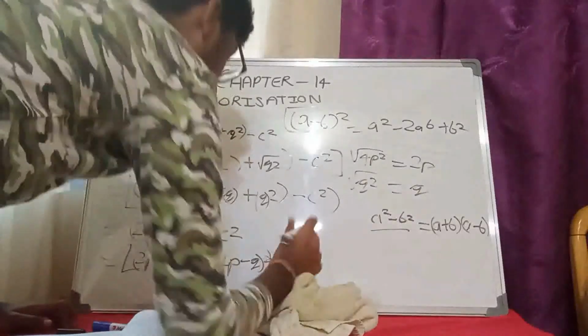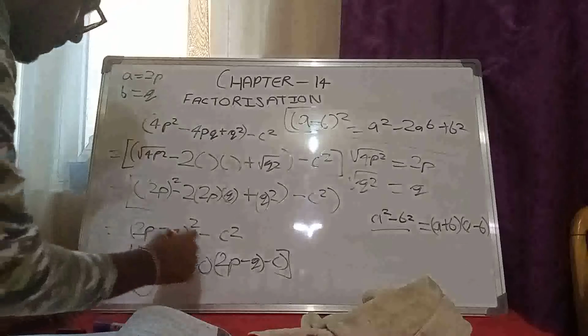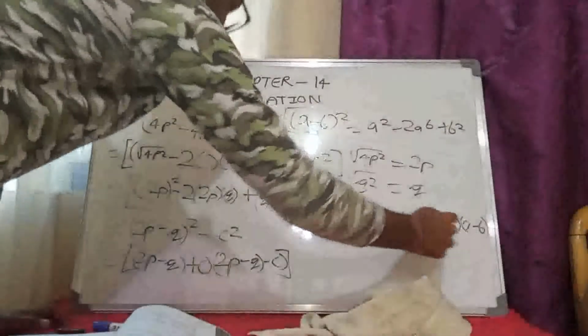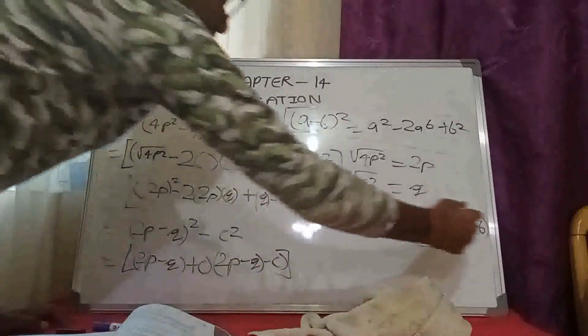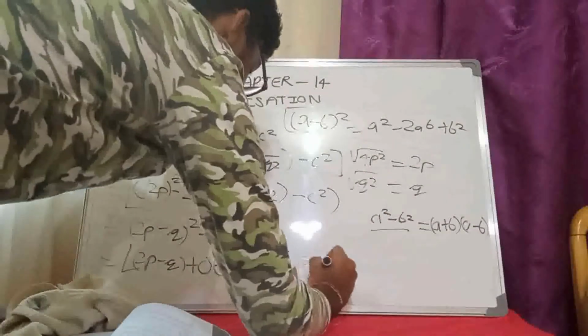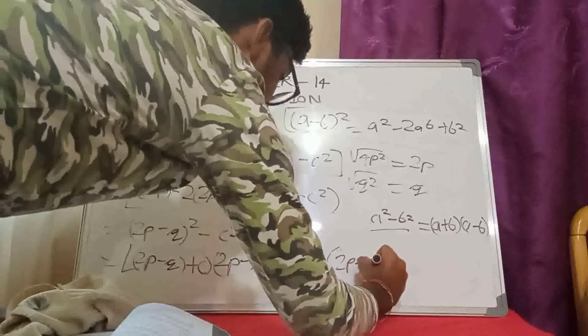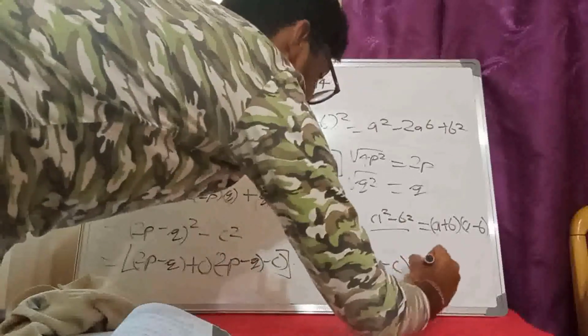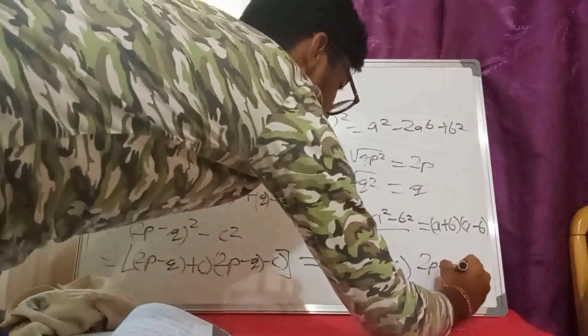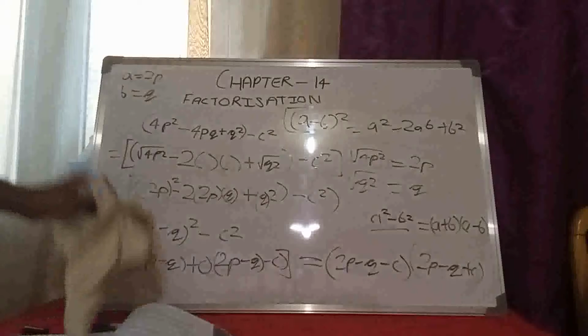So this is the expression that we get. It is 2p minus q, that is a, plus c, so this is a plus b, and 2p minus q minus c, that's a minus b. This is the answer that we get.